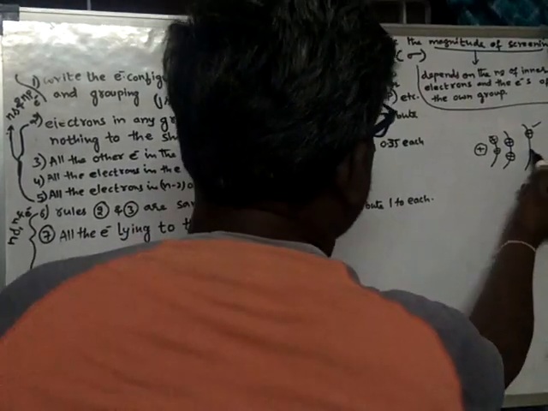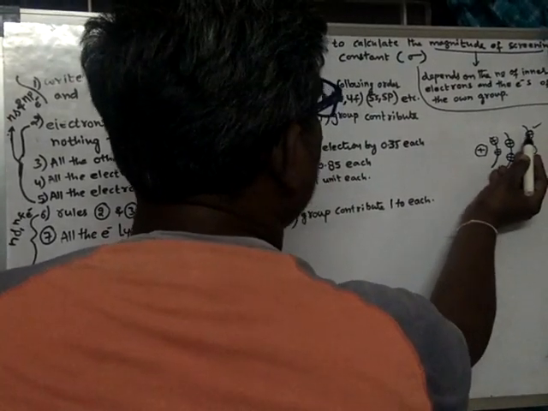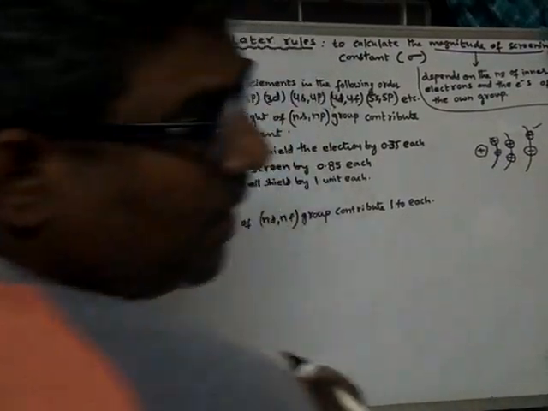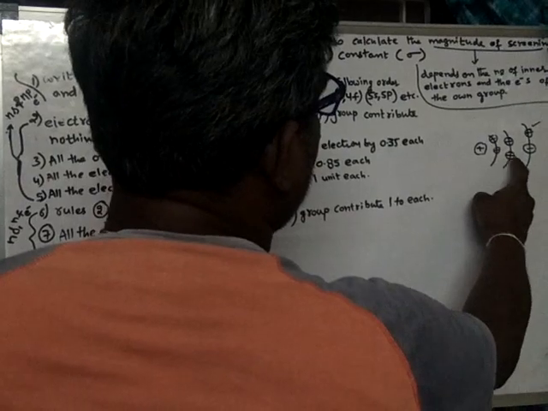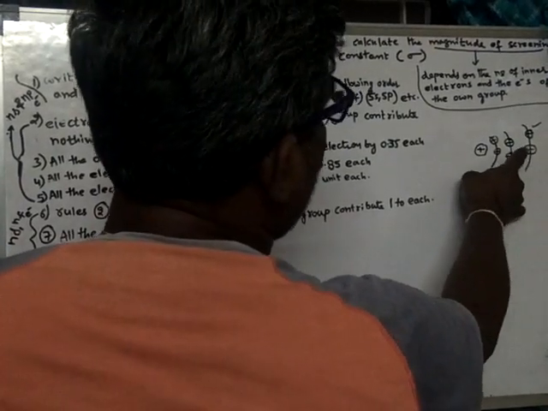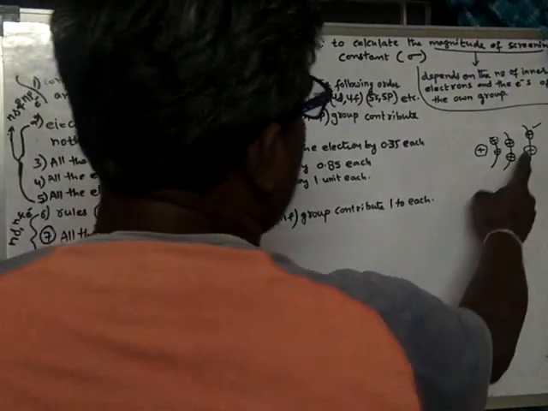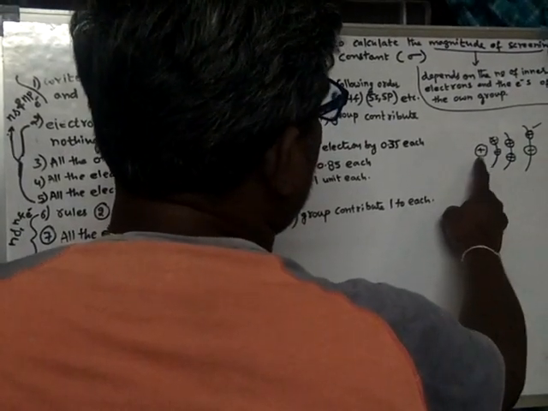If any electron is present along with this electron, even that electron will also show some screening effect. So what is screening effect actually? Screening effect is nothing but the protection by the inner shells and even the electrons present in its own orbit. These electrons protect this electron from the nuclear force of attraction.